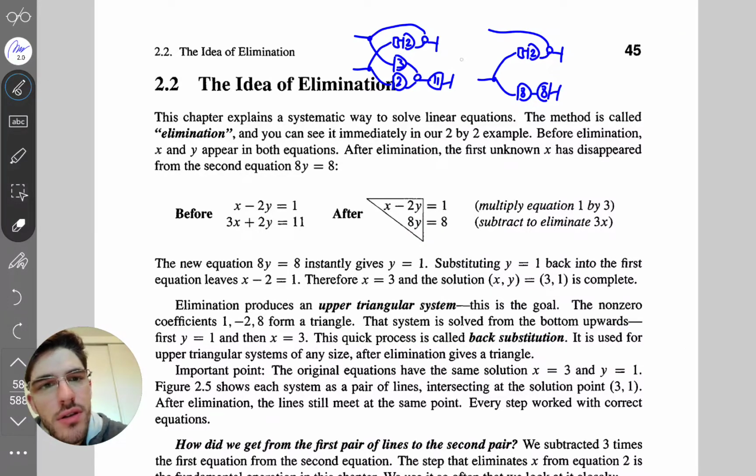So the claim is that these two describe the same x and y. And then how do they do that? And then y equals 1. That's very convenient indeed.